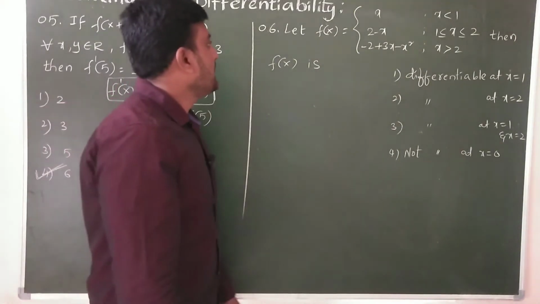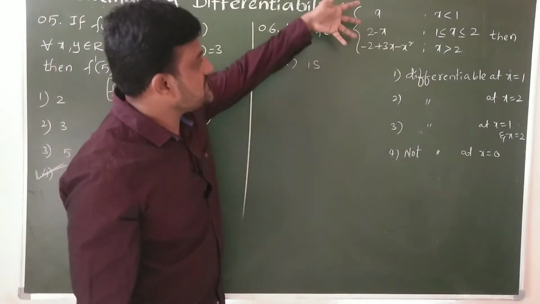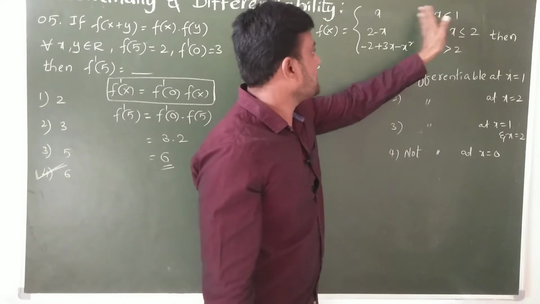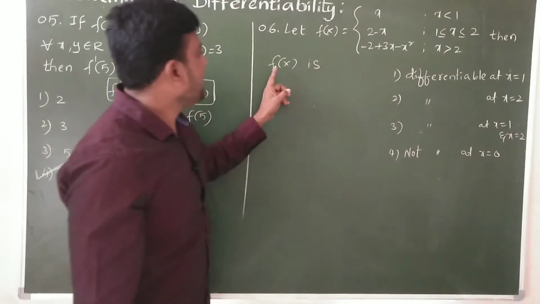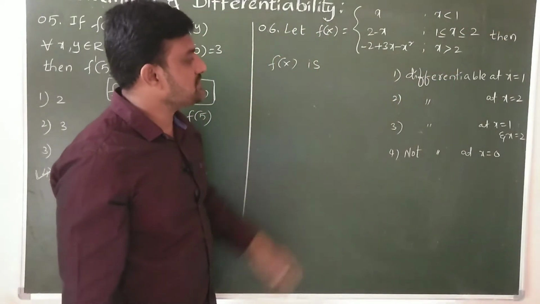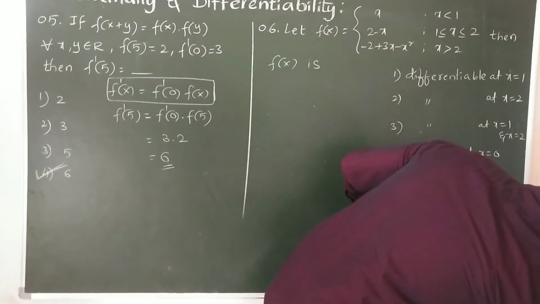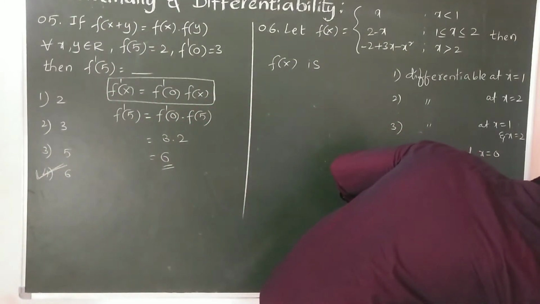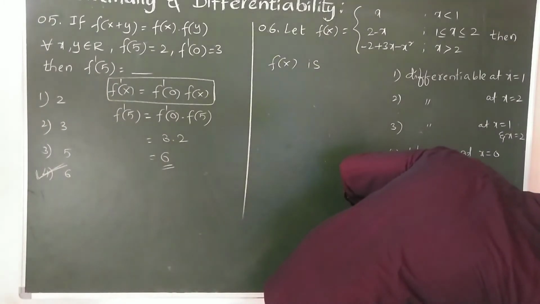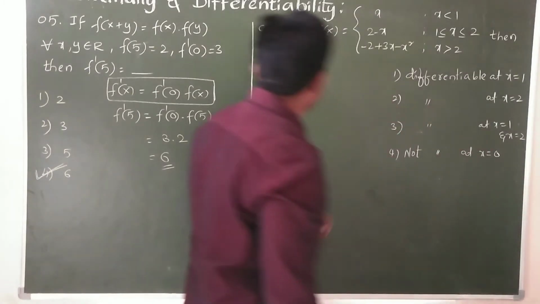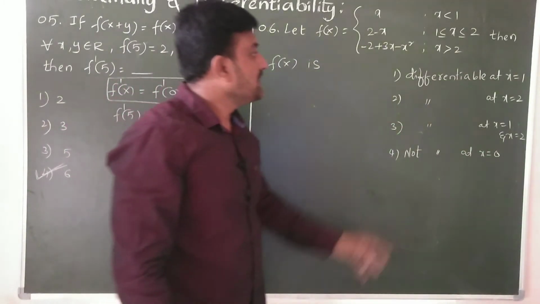Okay, now let f of x equal three functions given like this, on the corresponding intervals. Then f of x is what?